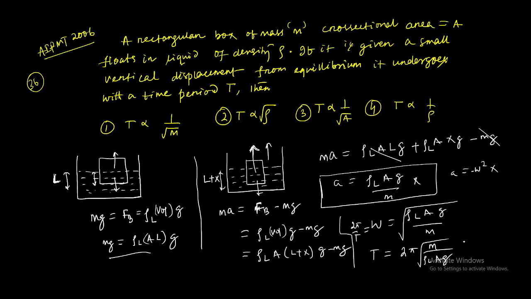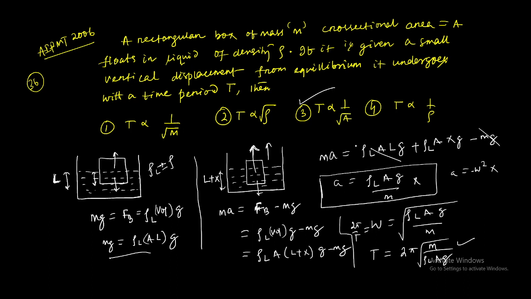So T is proportional to what then? Rho L is the density of the liquid, the same as rho because they have given rho as the density of the liquid. So this will be your answer, m by rho L A g. They have given the proportionality options, you can check here: T is not proportional to 1 by m, and it is not directly proportional to root rho. So it will be option number 3.